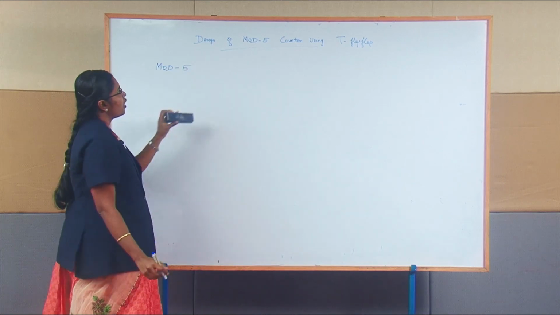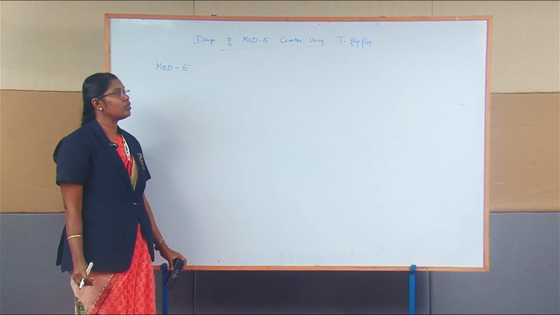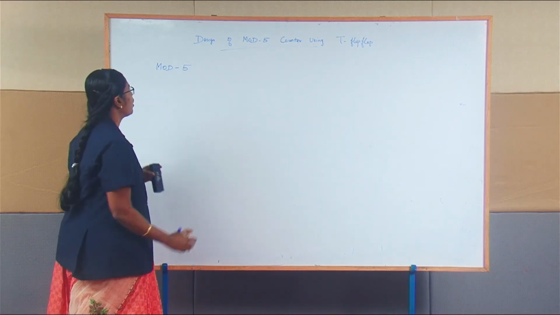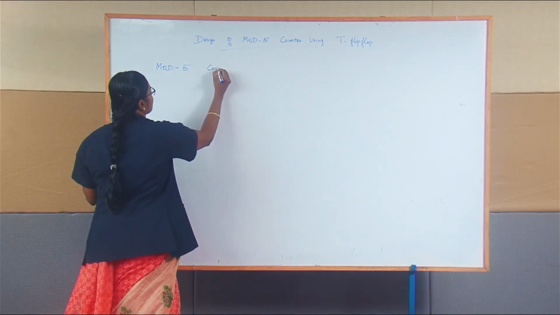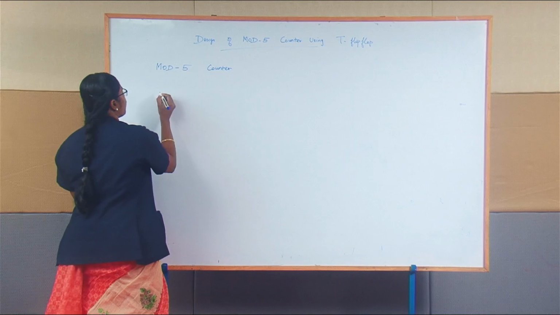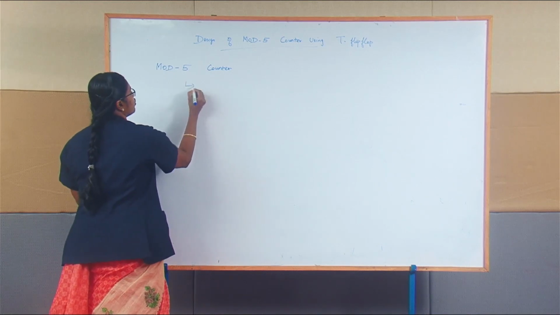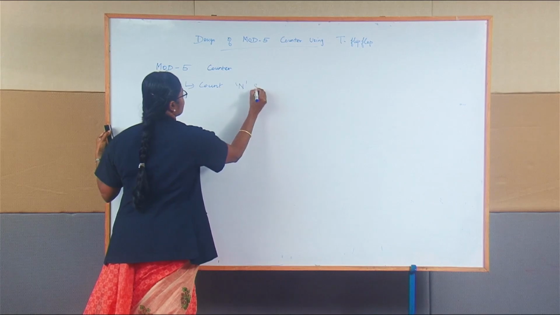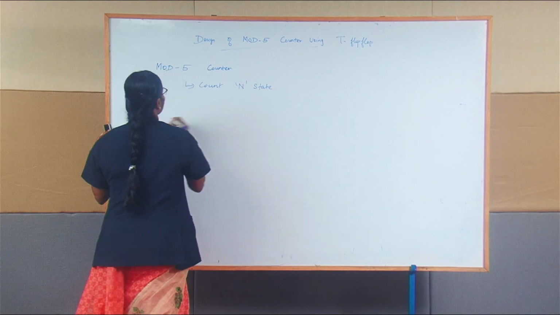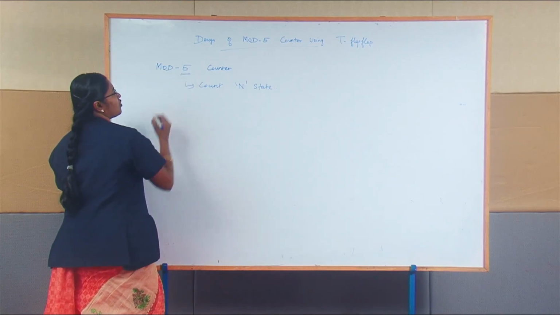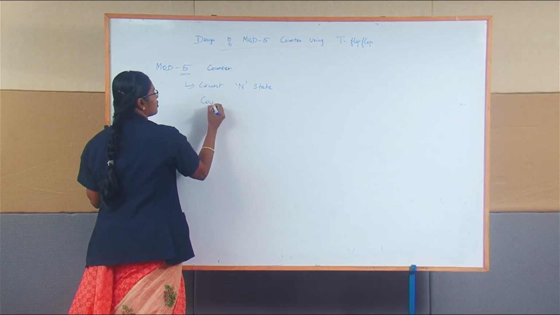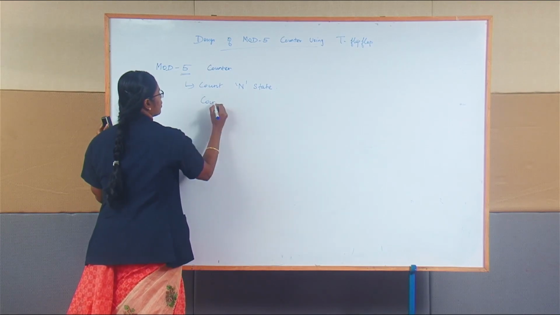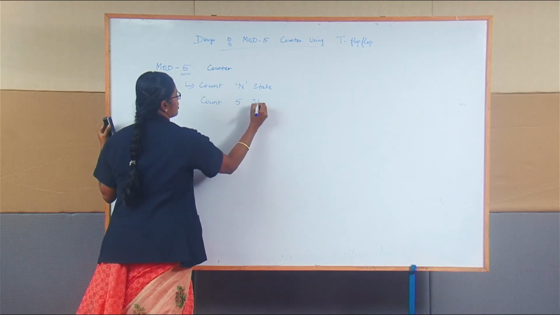In this lecture I am going to design a mod 5 counter by using a T flip-flop. Any modulus counter counts n states. Here, since it is a mod 5 counter, it is going to count five states.